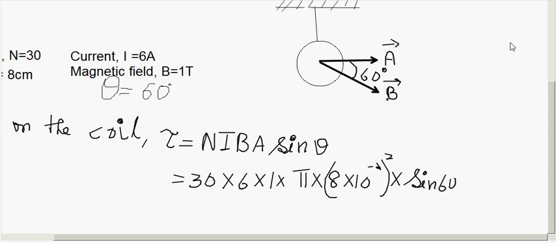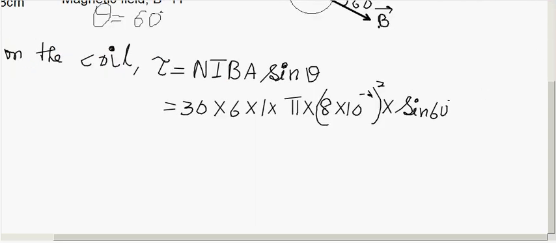Do the calculation. 30 multiplied by 6 multiplied by pi into 8 multiplied by 10 to the power minus 2 whole square. Why 10 to the power minus 2? Because we are converting centimeter to meter, into sin 60. So torque, if you do the calculation, comes to around 3.13 Newton meter.